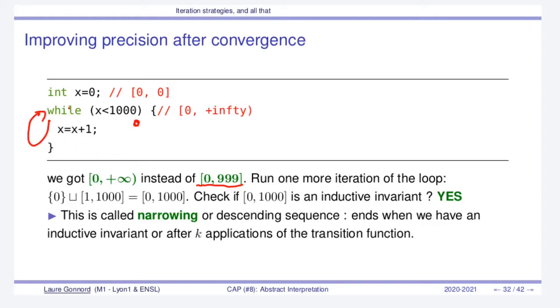And each of the new invariants you get by making such a step is guaranteed to be less or equal to the initial invariant. Moreover, this is guaranteed to be sound. This is called a descending sequence. The descending sequence is implemented by making these abstract iterations without widening, and after k applications, or at the first step, you get an inductive invariant.